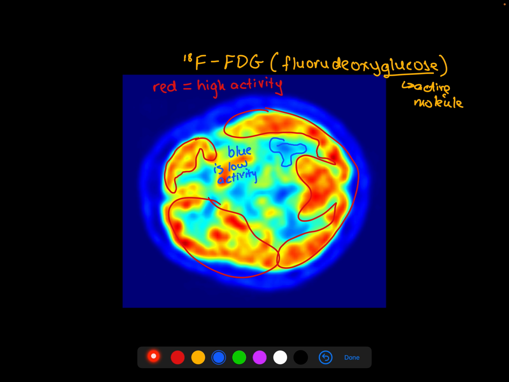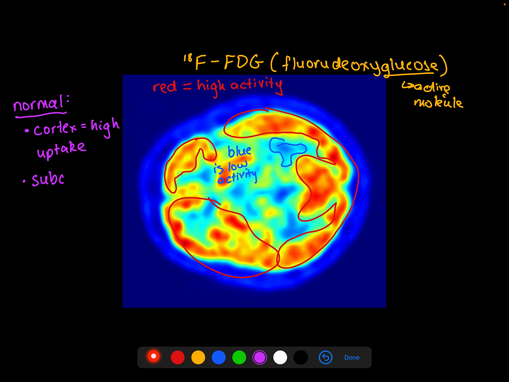But what are the normal findings? This is a normal scan, so what can we see here? Let's write this down here. Normal findings are, first of all, that the cortex, or the surface or higher part of the brain, has high uptake. Cortex equals high uptake. And then there is lower uptake.